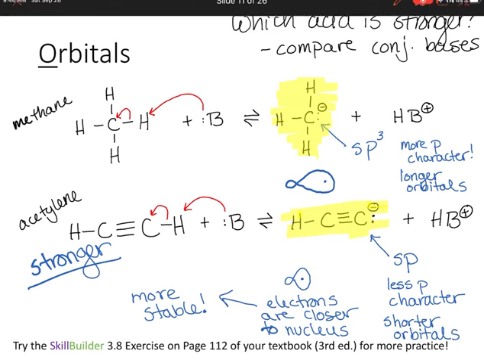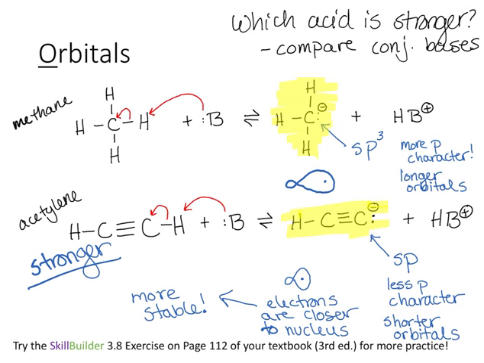So that's kind of a weird concept, right? We're digging so deep into these molecules and really thinking about their hybridization, the length of the orbital lobes, where electrons are around a nucleus based on those hybrid orbitals. So again, orbitals doesn't really come up that often when we're trying to figure out relative acidity.